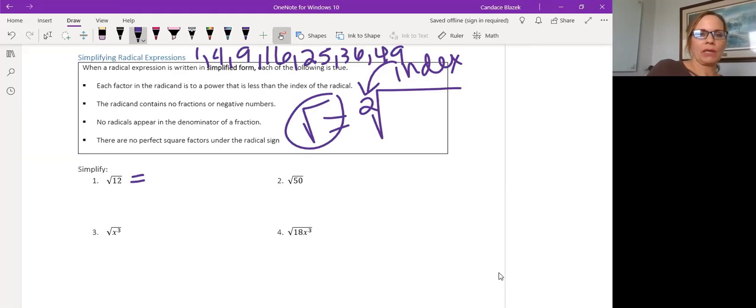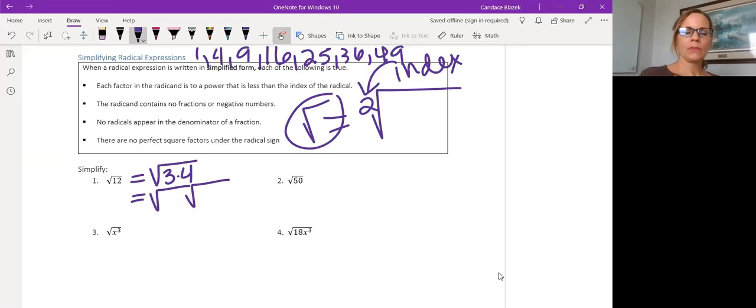And how I'm going to rewrite this, and we'll reduce our steps as we go along, I know this is 3 times 4. 3 times 4 is 12. So I'm going to make 2 buckets. The first bucket, radical, is for my perfect square factor. The second bucket, second square root sign, is for my non-perfect square factors.